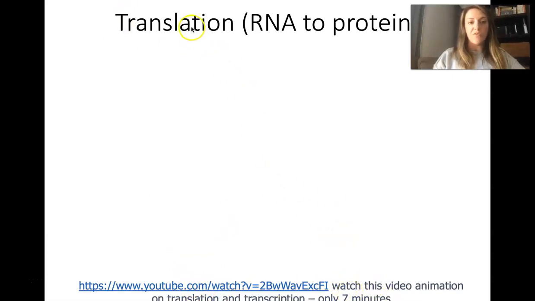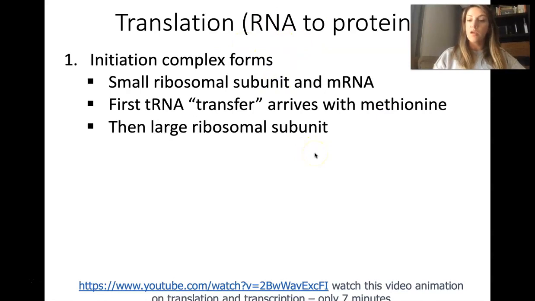And now I want to talk briefly about this translation point. So now we've made the mRNA from a gene, and we're going to take it, leave this nucleus, and a protein is going to be made based on that mRNA molecule. Okay? So when you want to translate, when your cells, your ribosomes, want to read that mRNA and make a protein, what happens is that the ribosomes have to come together around that mRNA molecule.